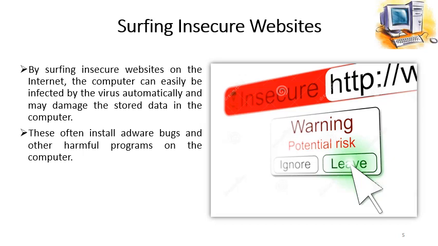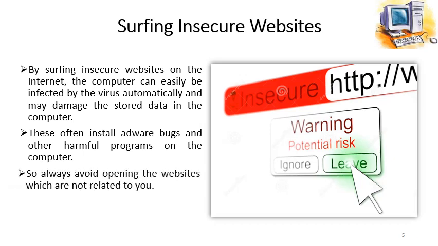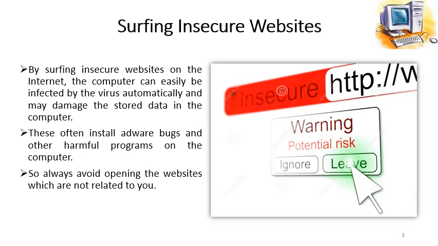So we should not open such websites and we should not download anything from such websites because they may contain viruses and adwares or other bugs that can infect our computer. So there may be potential risk. So we should leave such websites. So always avoid opening the websites which are not related to you.